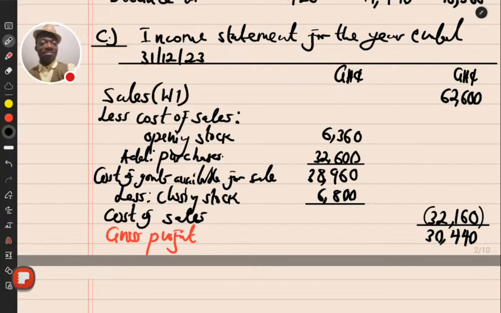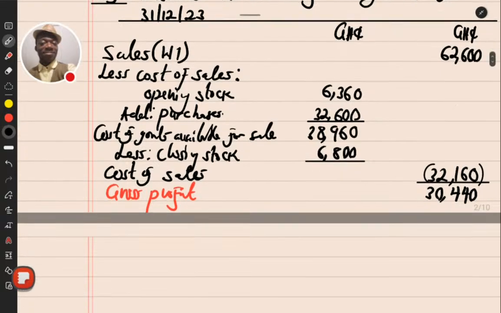So once we get it, then we are good to go. All right, then we'll move on to, there wasn't any other income, so we just maintain it like that. Then move on to operating expenses. So we will say less operating expenses.